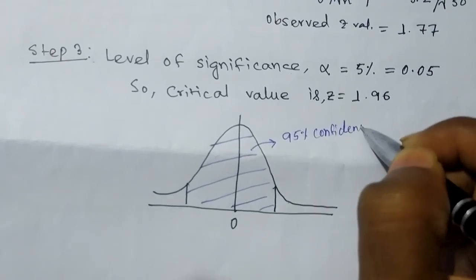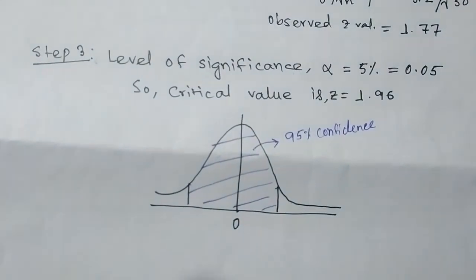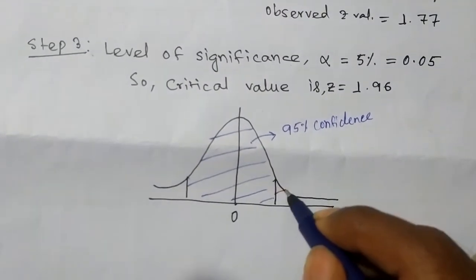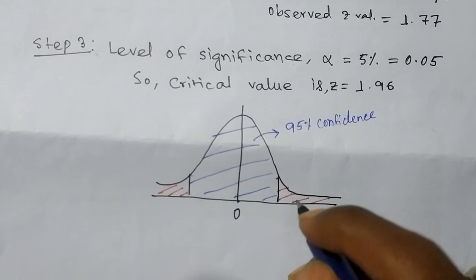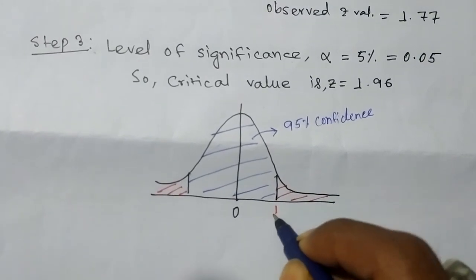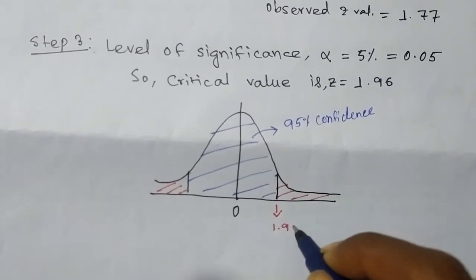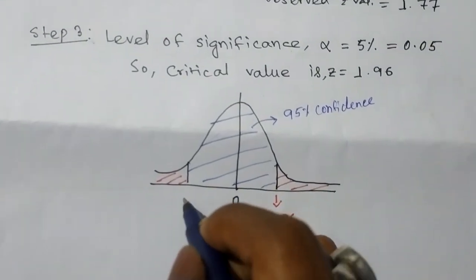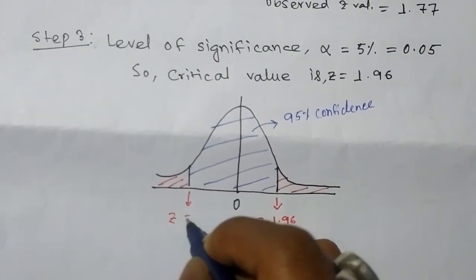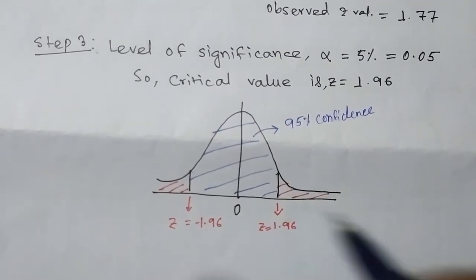So in this 95% region I accept my null hypothesis, and here I reject my null hypothesis with a cutoff value of Z equal to 1.96, and this is Z equal to minus 1.96.